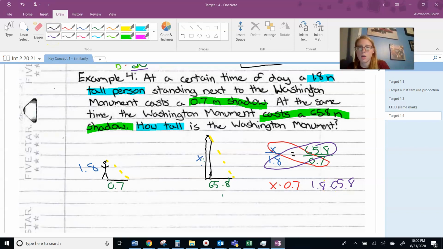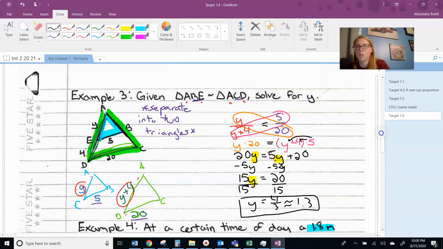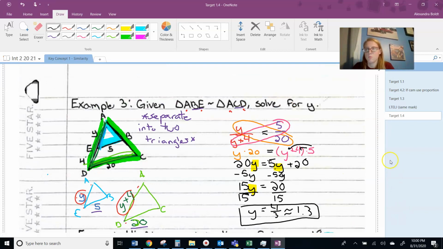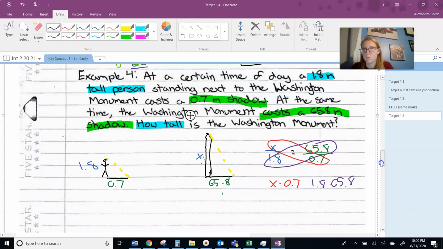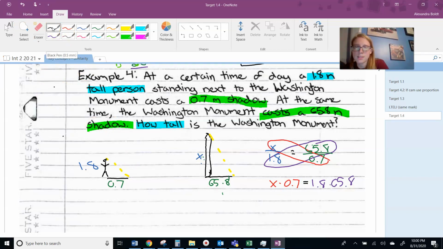And again, these are equal. So I have x times 0.7 is simply 0.7x equals 1.8 times 65.8.